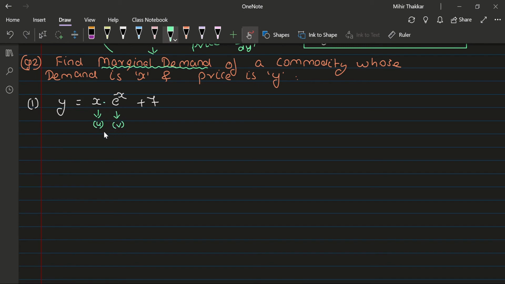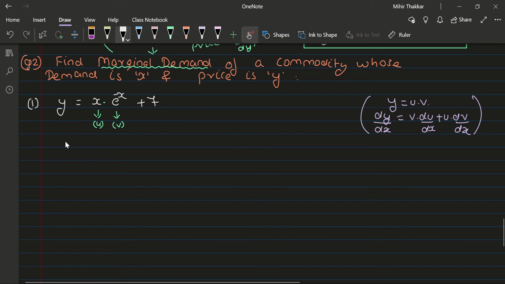Because they both are multiplied with each other, we have to apply the multiplication rule over here. So what exactly is the multiplication rule? If y is equal to u into v, dy by dx is equal to v into derivative of u plus u into derivative of v.